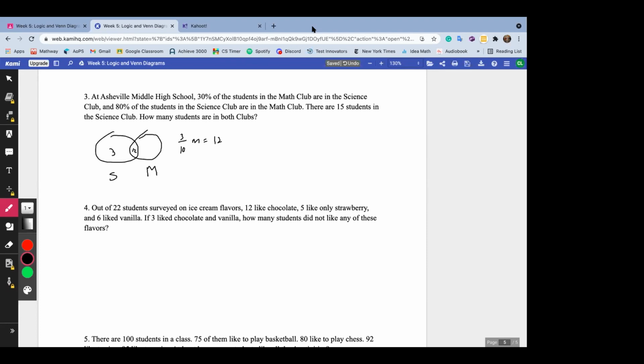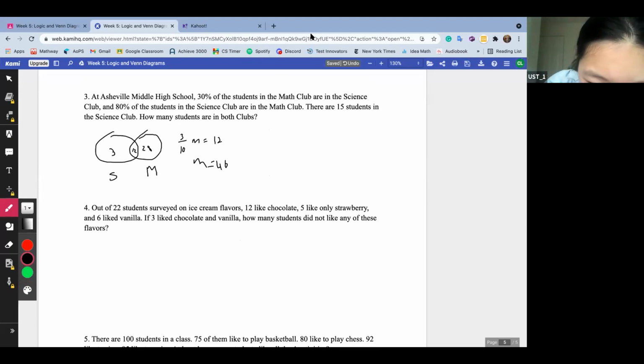Wait, but aren't we finding that 12? Wait, what is this problem asking about again? Oh wait, sorry, the question got cut off. So it's actually asking for how many students are in the clubs combined.